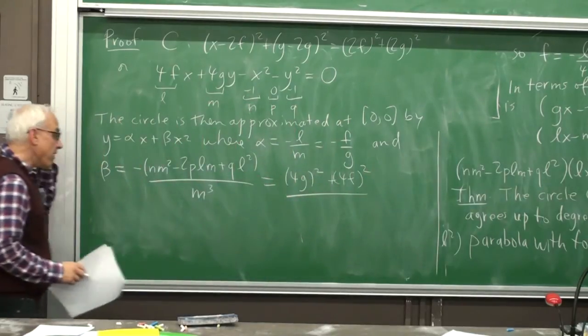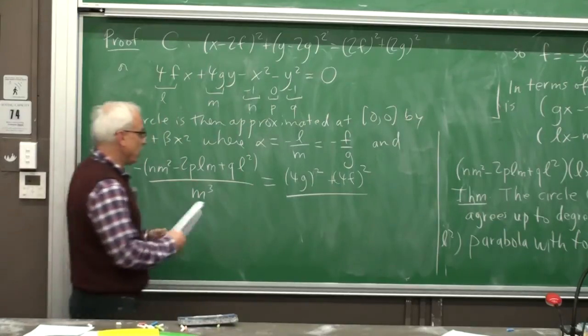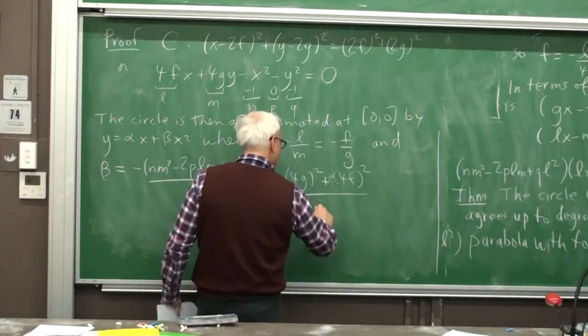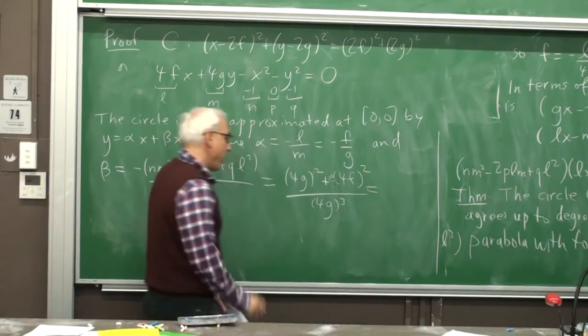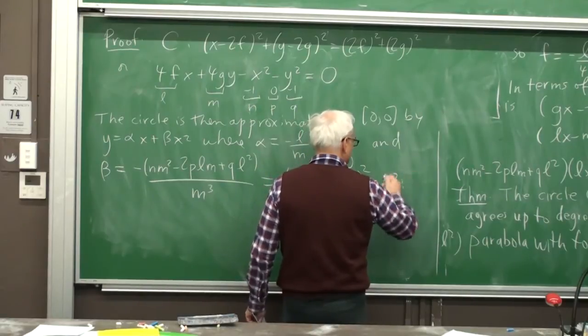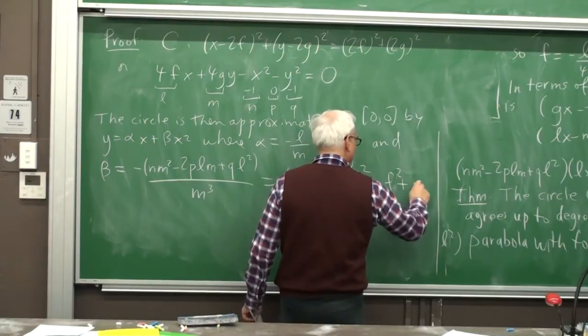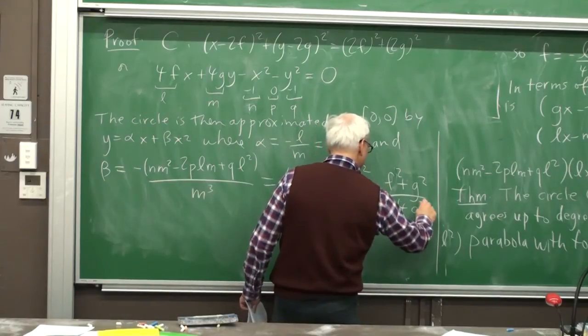And on the bottom we have m cubed. M is 4g. So we have 4g all cubed, for a total of f squared plus g squared all over 4g cubed.